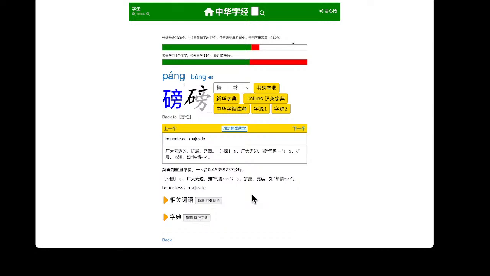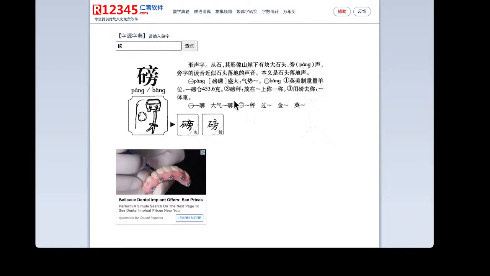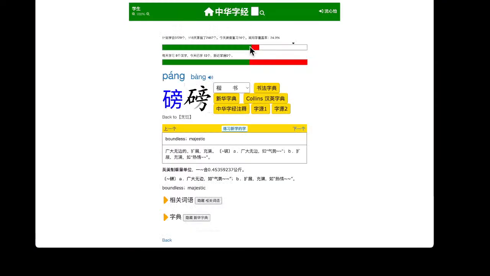Okay, and so this character, if you look at it, has the stone and on the side, so you can remember it this way, like the stone rolling off the side of the hill and making that noise. Okay, 磅, and then you can think of like this big, grand, expansive, that kind of thing. All right, so this is 磅 and 磅.